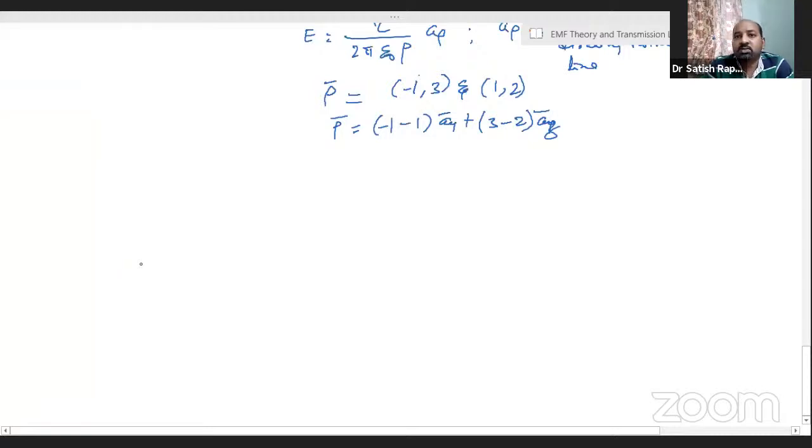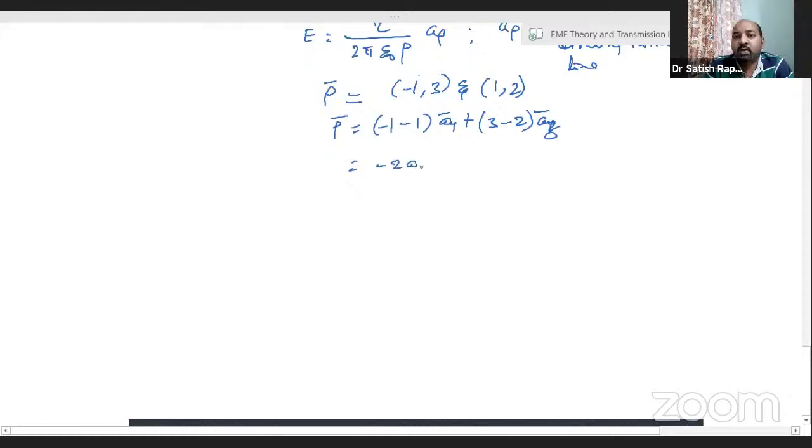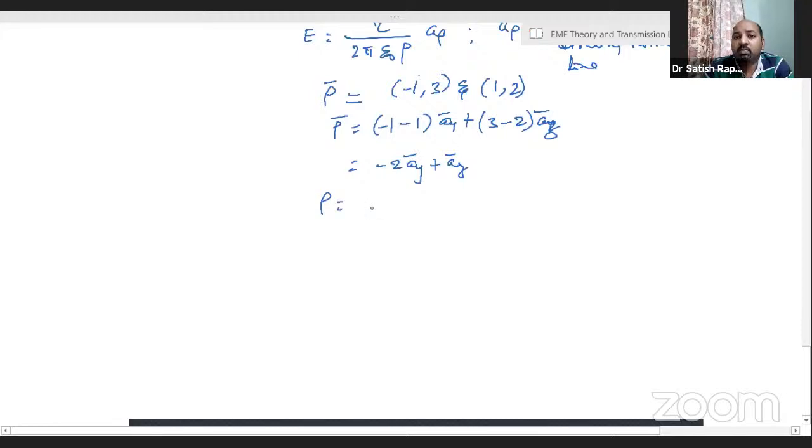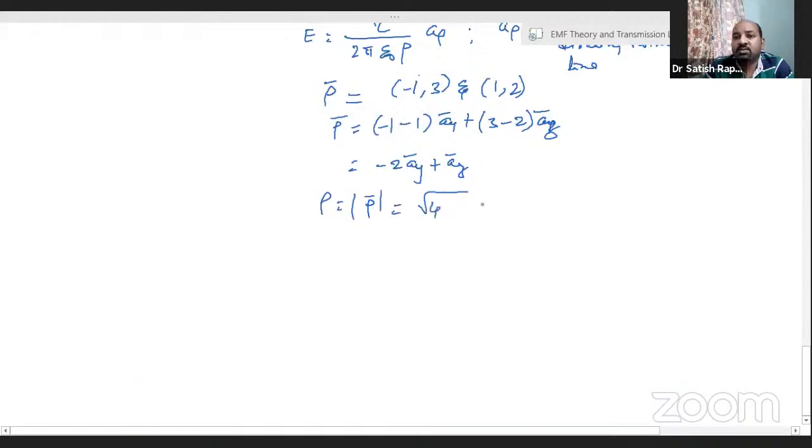And this is equal to minus 2 ay bar plus az bar, right? And now rho is equal to mod rho bar, which is equal to root over 4 plus 1, and this is equal to root 5.